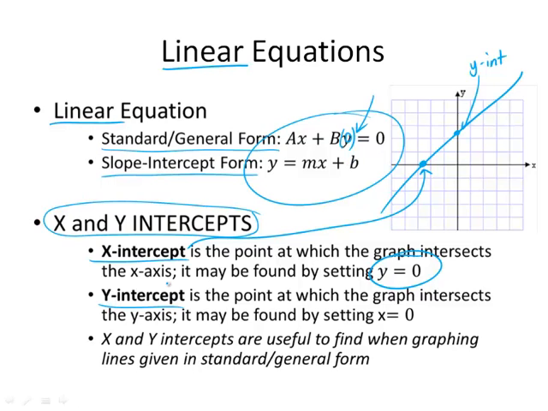Same thing goes for the y-intercept. The y-intercept is found when the x value is 0. So you would do the same thing. Similarly, you could plug in x to be 0 and find your y. They're nice and useful when graphing standard or general form, because they give you nice points to start off with.